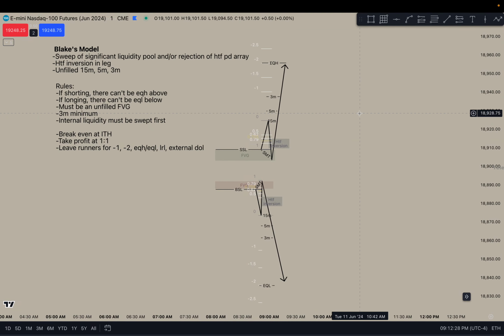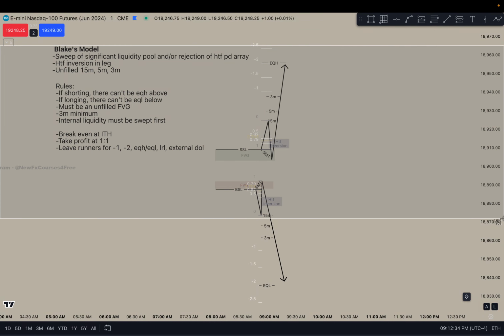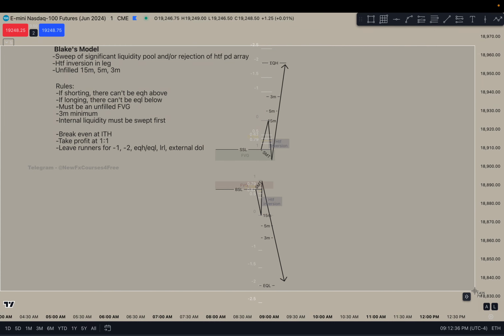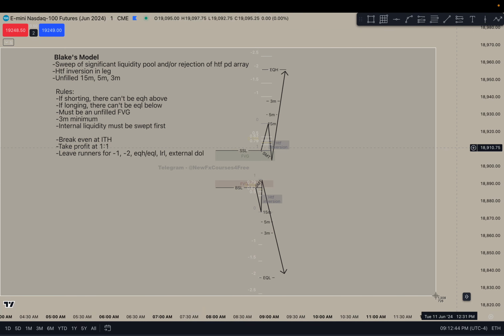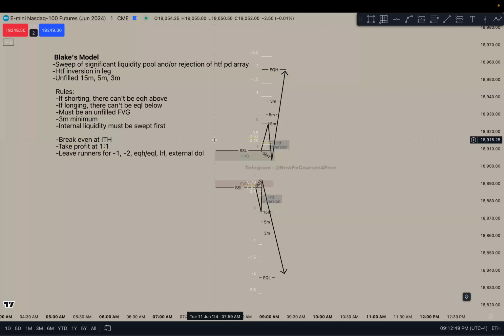Let's get a nice screenshot. I missed the main move.